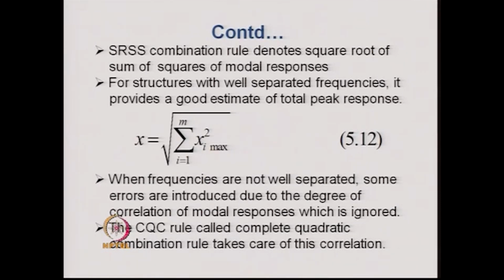That is what is known as the SRSS combination rule, and equation 5.12 explains that: the maximum displacement is equal to the summation of x_i max squared, the summation extending from i equal to 1 to m, and then we take the square root of this summation.